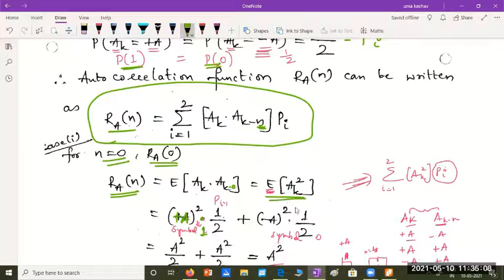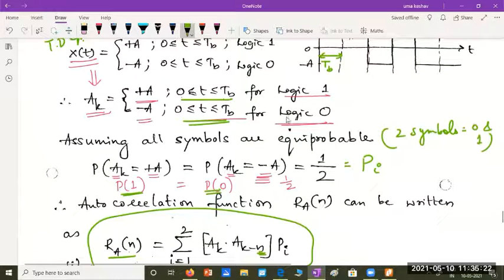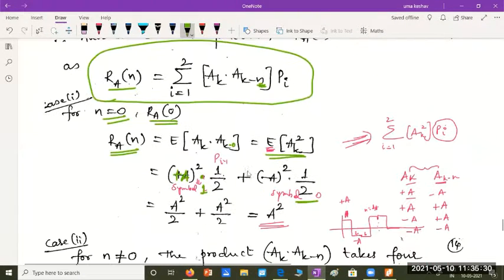Next, the second symbol can be symbol 0. Which means I have to consider what is the amplitude with which 0 is represented. Logic 0 is represented with the amplitude minus A. So when logic 0 is represented with the amplitude minus A, then the value of ak square becomes minus A square, and Pi is the probability of occurrence of a 0, which is half.